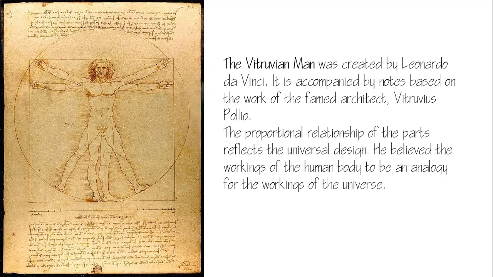And gibuhat ni niya this symbol, or this was drawn by Leonardo da Vinci but ang thought ani ang idea of the design was from Marcus Vitruvius Polio. So this means that the proportional relationship of the parts reflects the universal design. So he believed the workings of the human body to be an analogy of the workings of the universe.